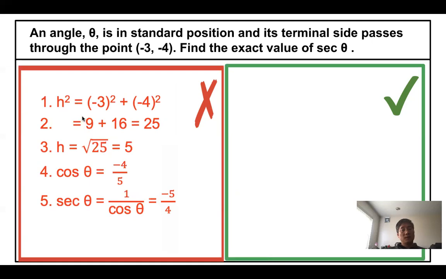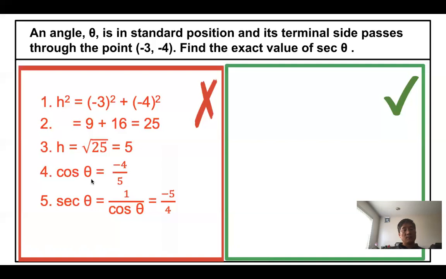First you set up h squared equal to x squared plus y squared. Then 9 plus 16 is 25. Then take the square root, h equals square root of 25, which is 5. So far, nothing wrong. Cosine of the angle is -4 over 5.